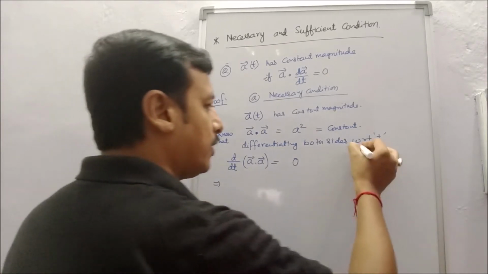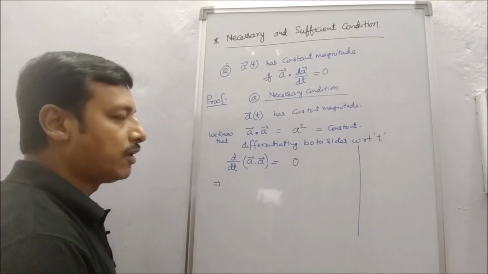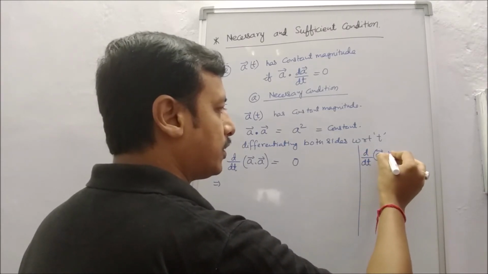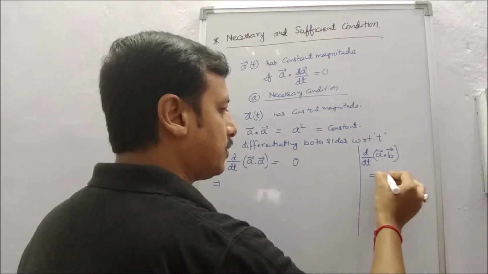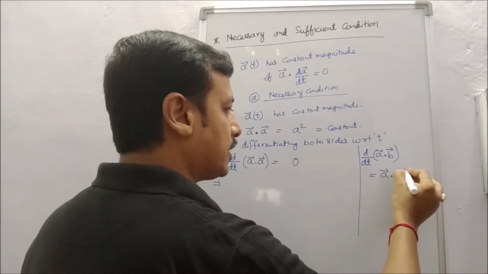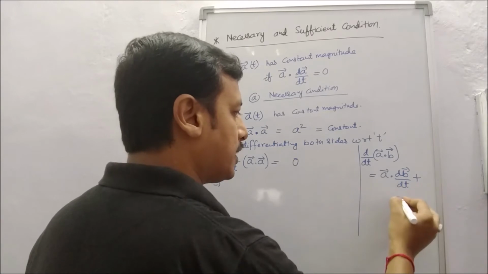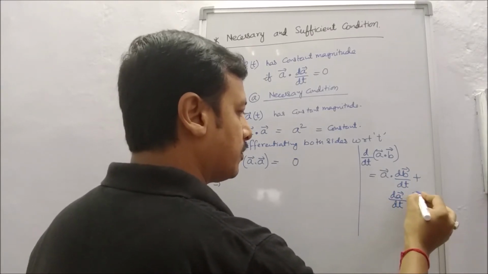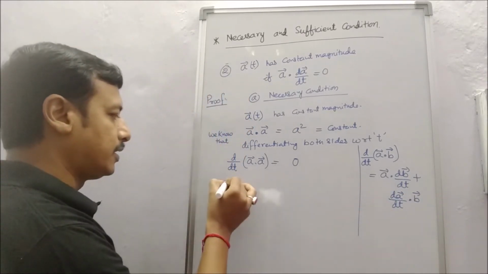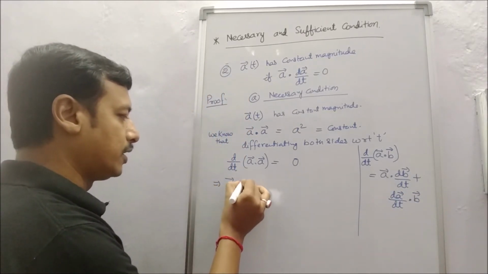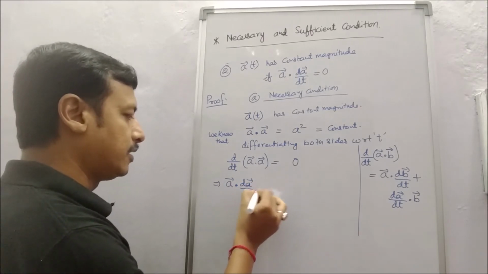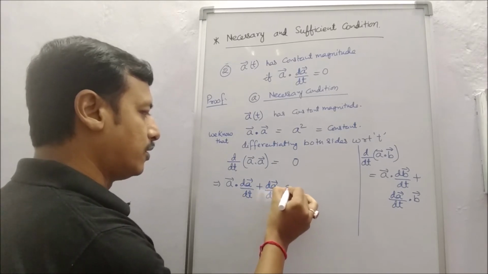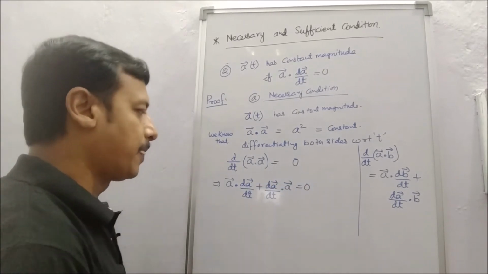Now, from the rules of vector differentiation, d/dt of A dot B is equal to A dot dB/dt plus dA/dt dot B. So, here it is A dot dA/dt plus dA/dt dot A is equal to 0.